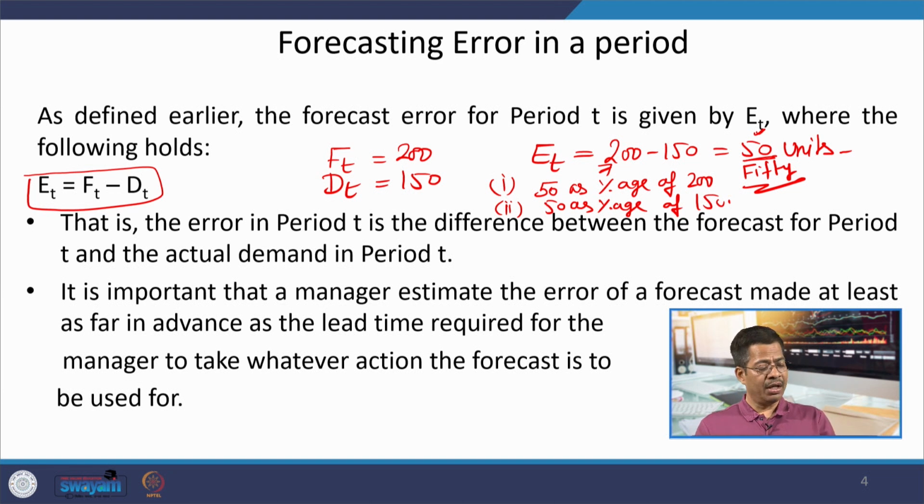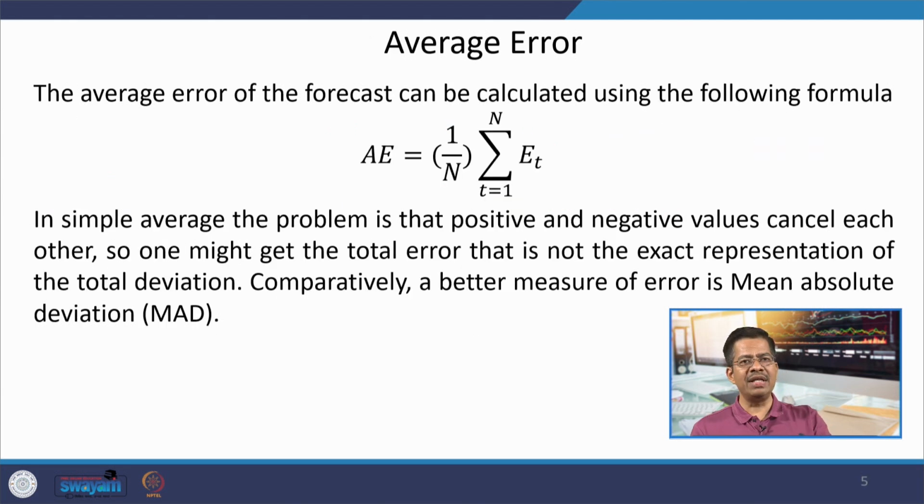And then if I collect data for forecasting error for multiple periods, I will find more interesting ways of representing this forecasting error data. That is where all these different ways of representing the forecasting errors are possible.